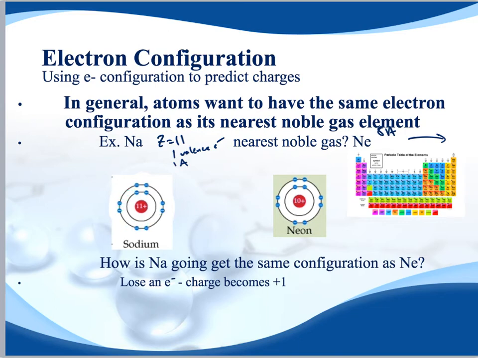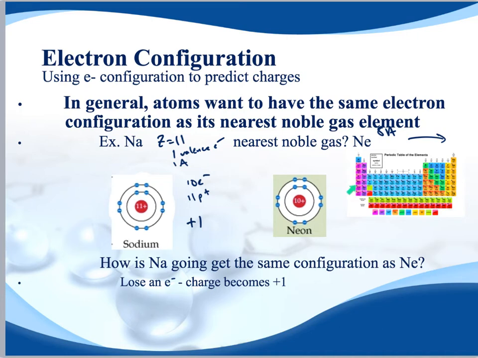When we do this, it's only got 10 electrons now, and it's got 11 protons, which means it has an overall +1 charge.